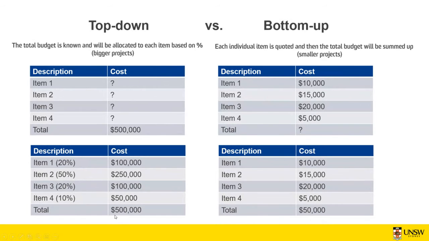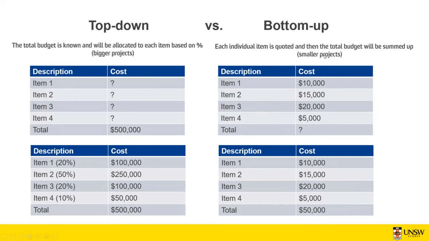And based on the total budget that you have, we can say for item 1 we can spend 100,000, and the same for the rest. In bottom-up, you calculate the cost for each item, for example, 10,000 for item 1, 15,000 for item 2, etc. And then you sum up all this to get the total budget that you need.